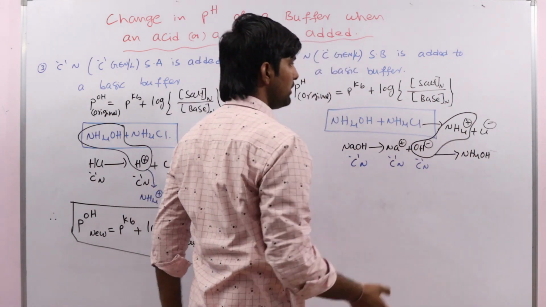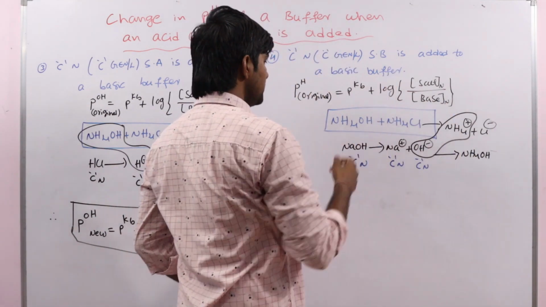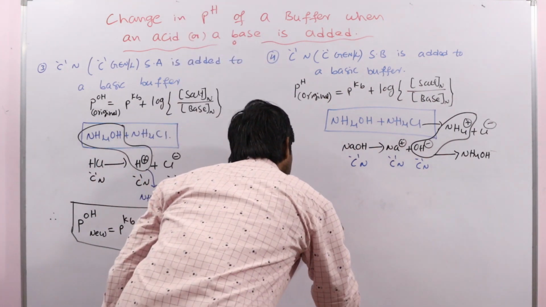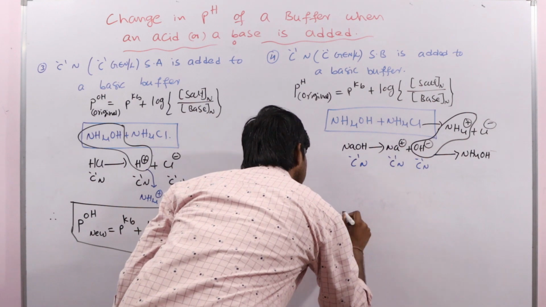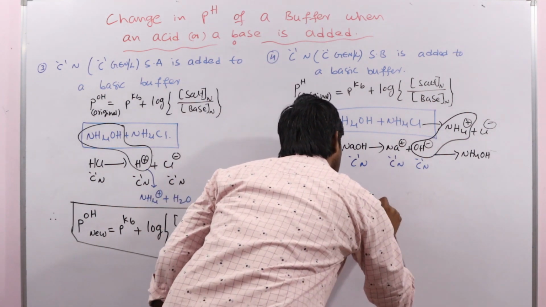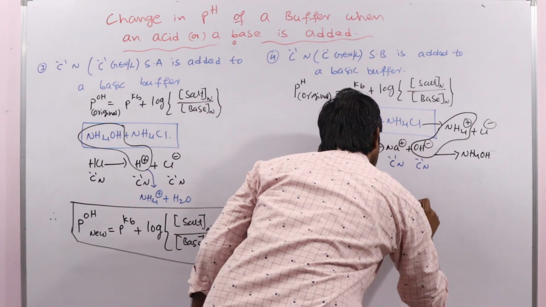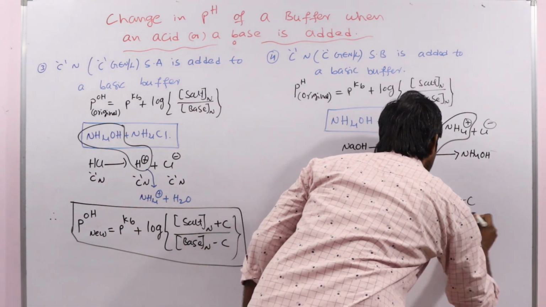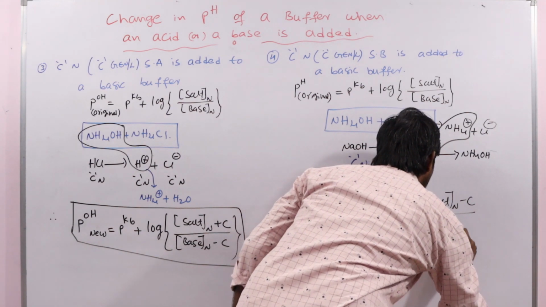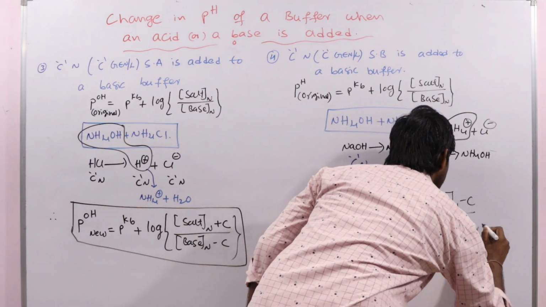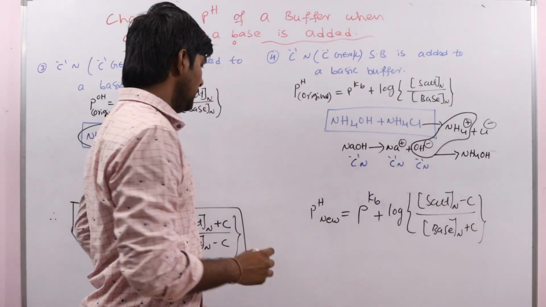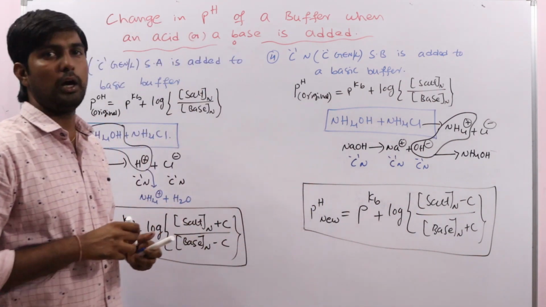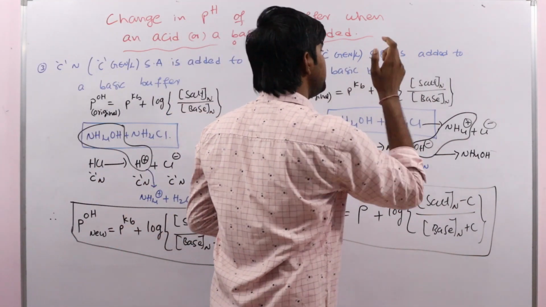Therefore, the new pOH will be pKb plus log of concentration of salt minus C by concentration of base plus C. This is the formula to calculate the new pOH after addition of strong base to the basic buffer.